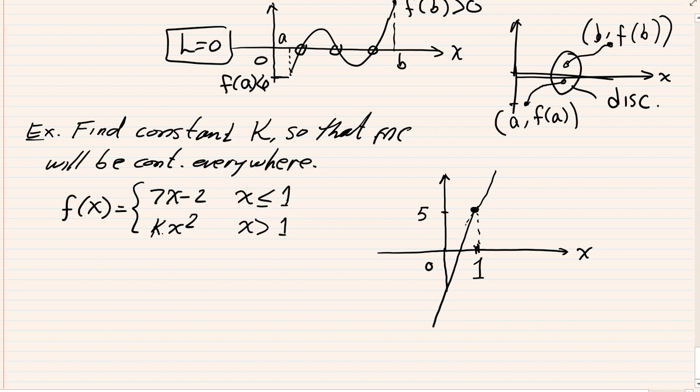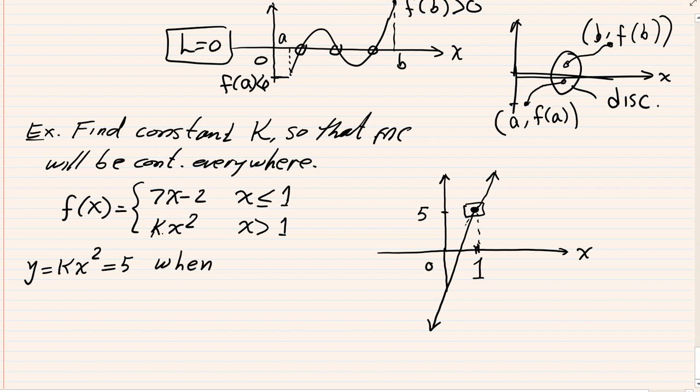And here it is. So what do we need to do in order to make this continuous everywhere? In order for that to happen, the parabola has to go through 5, correct? So I'm going to let kx squared, the equation of a parabola, remember this is the y, right? Y = kx squared, I'm going to set it equal to 5.